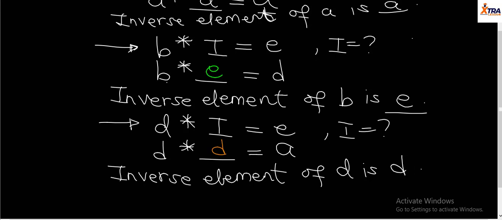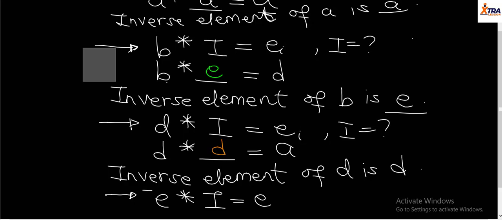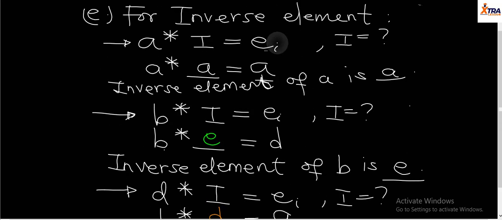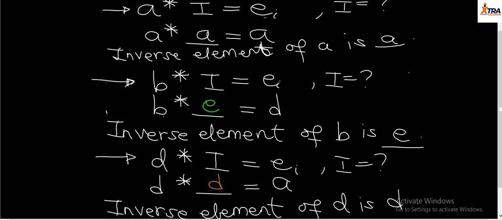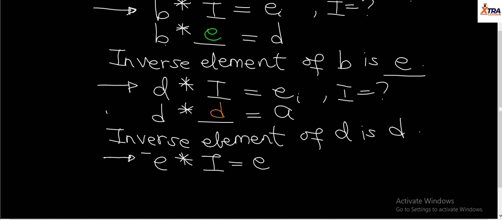So now that I've gotten the inverse element of D, I can get the inverse element of the final one, which is E. I say E operation what is going to give me the identity element in this case. So as not to get confused, you know, E I is the identity element. And if that is the identity element, then E here.